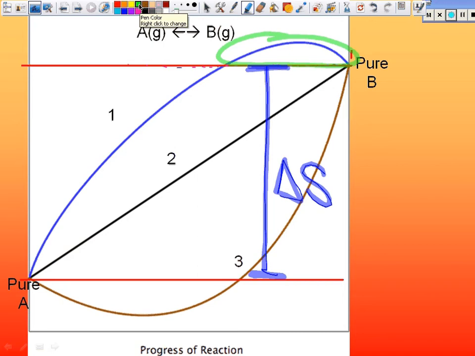It will kind of balance itself back out. So we'll make a maximum of B, but then what begins to happen to B? So right here, this part right here is equilibrium. So that is the maximum amount of B that we can make.